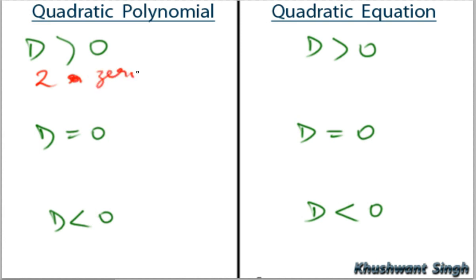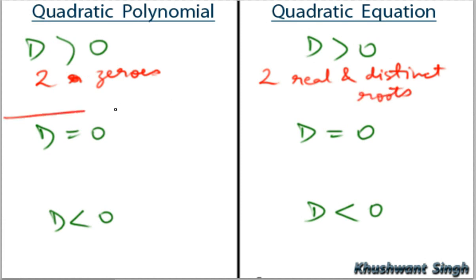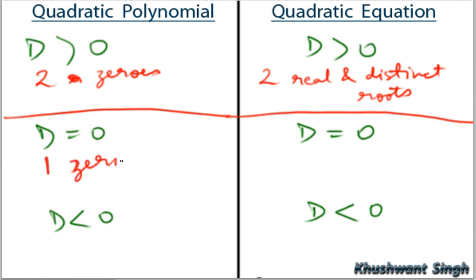When d was greater than 0, you are getting two zeros, and in the equation you are getting two real and distinct roots, meaning different roots. When d was equal to 0, you are getting 1 zero, and for the equation you are getting two real and equal roots.